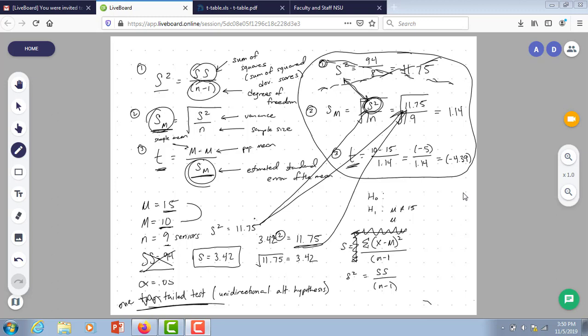If you're dealing with a significant increase of optimism scores, then you'll want to make sure that you're indicating greater than within your alternative hypothesis. If it's speculated that it's going to lead to a significant decrease, then you'll want to indicate less than.